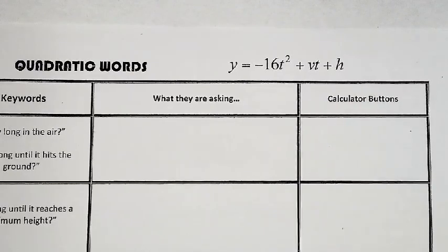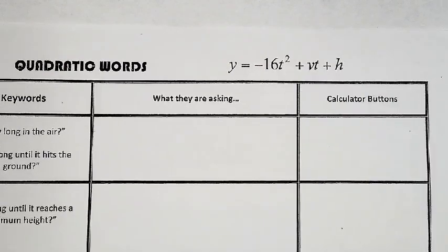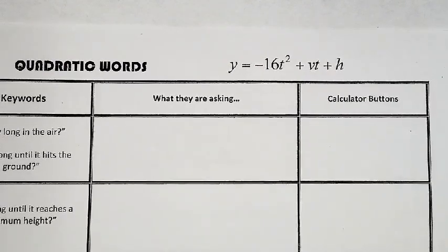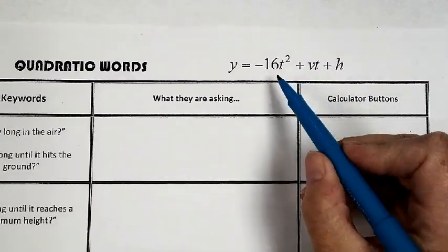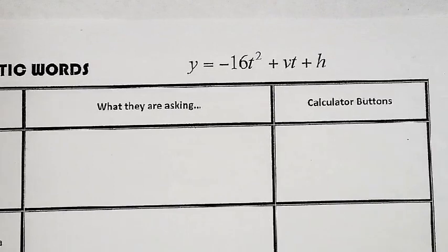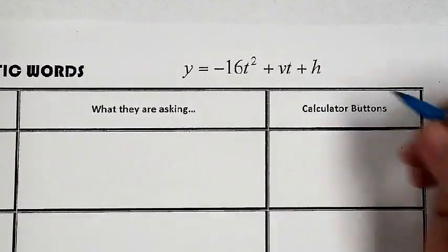We're going to start with some quadratic word problems. The main thing here is, if I see the question, what can I push on my calculator? So for the quadratic applications, my equation is going to be y is equal to negative 16t squared plus vt plus h.